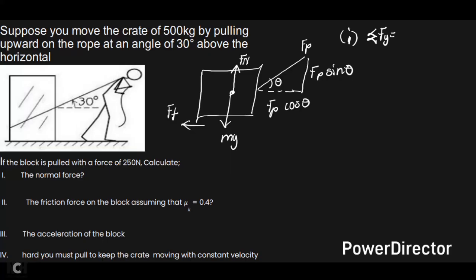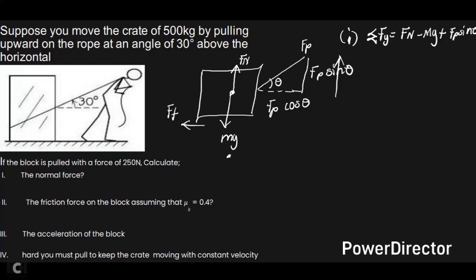We have the normal force that is going up, which is positive, minus the mg, which is going down, then plus this one, which is going up there, so plus FP sine theta. Then what are they asking?